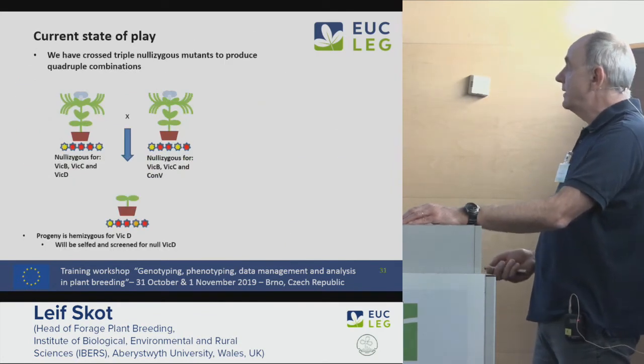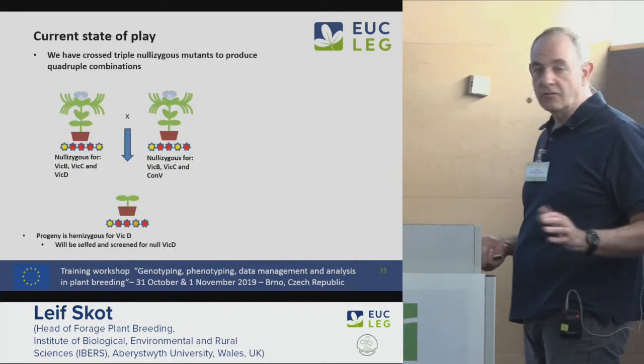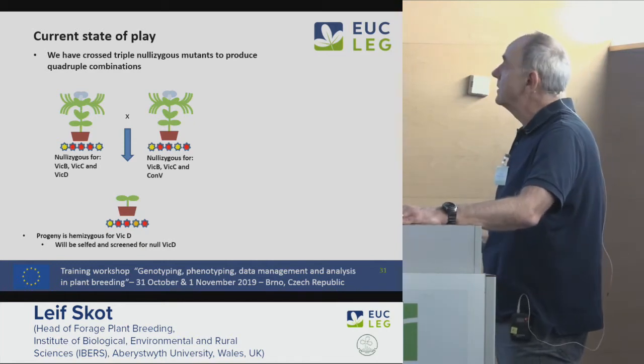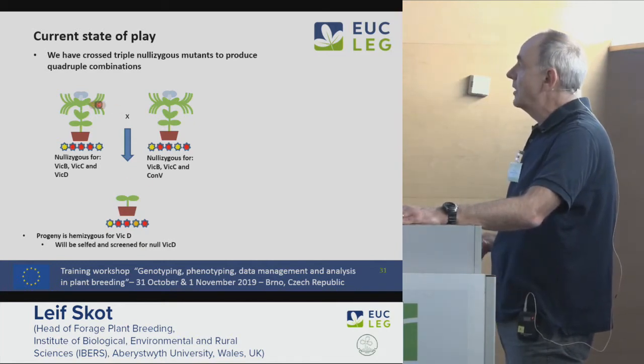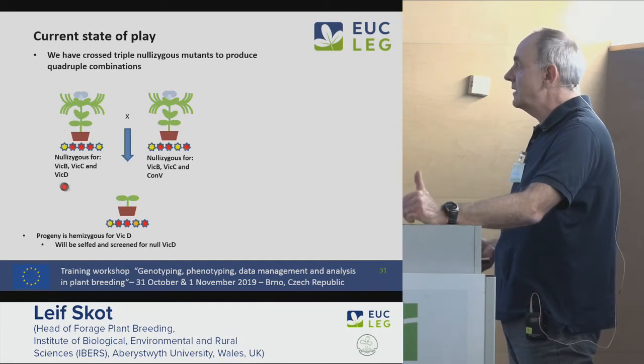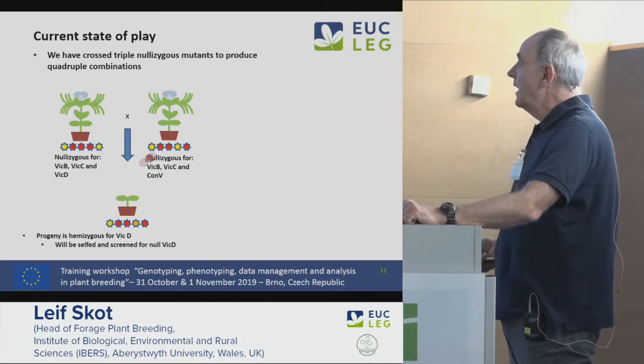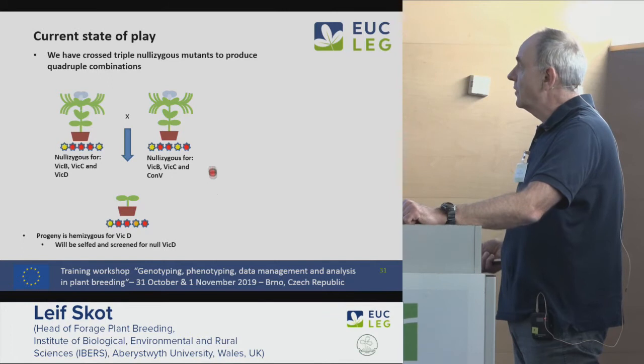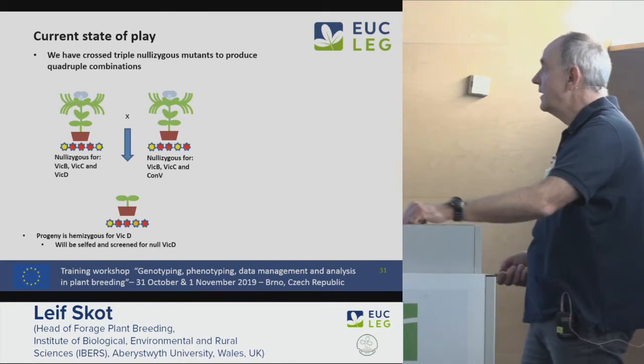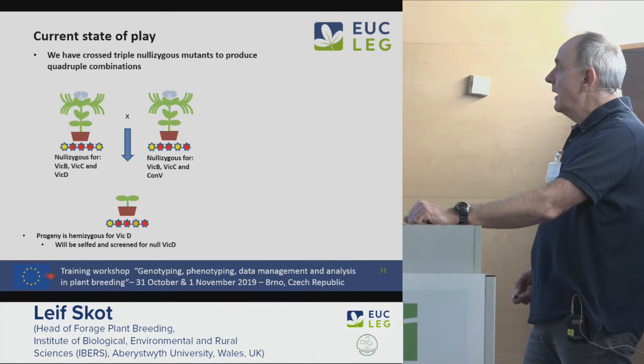And then this is the current state of play with that project. They have nulli-zygous for vicilin B, vicilin C, and vicilin D, and some of it is overlapping, but there is a different one in the 5th one for convicilin V. That's where they are at the moment.